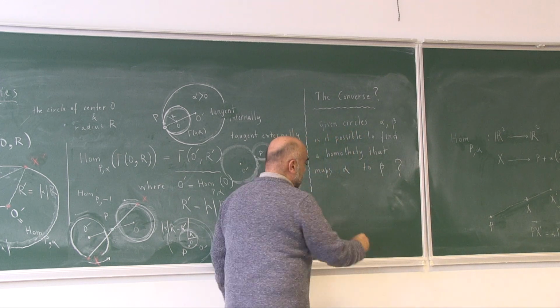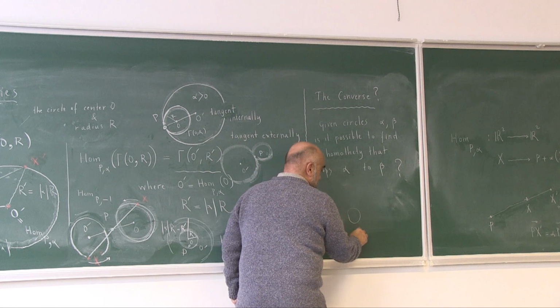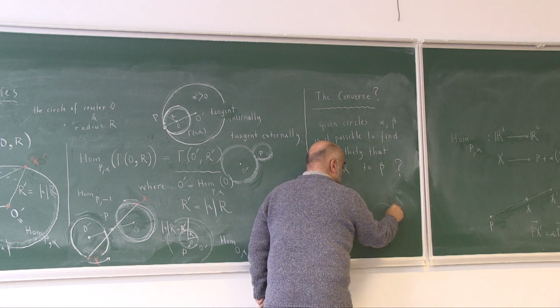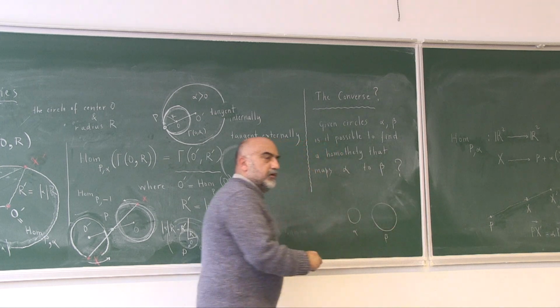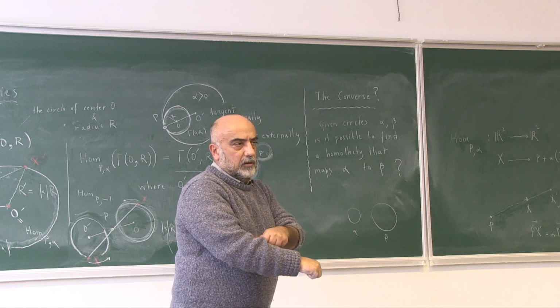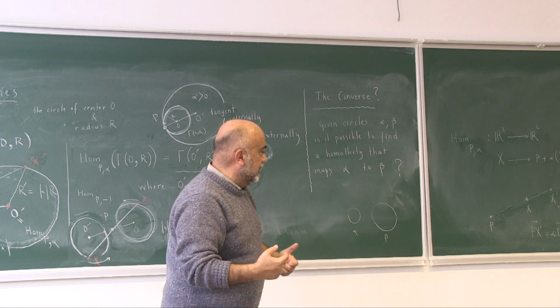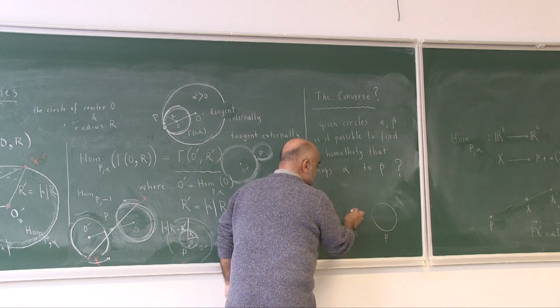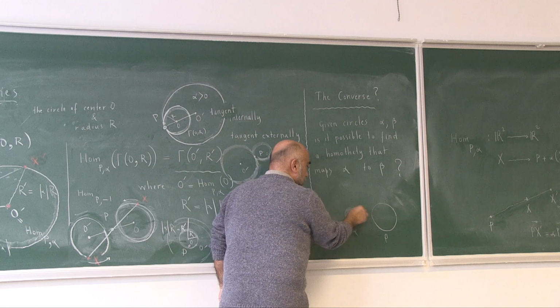I give you two circles, alpha and beta, and please keep an open mind. These two circles can be related to one another in really very complicated and very different ways. I've drawn a very simple picture for you.